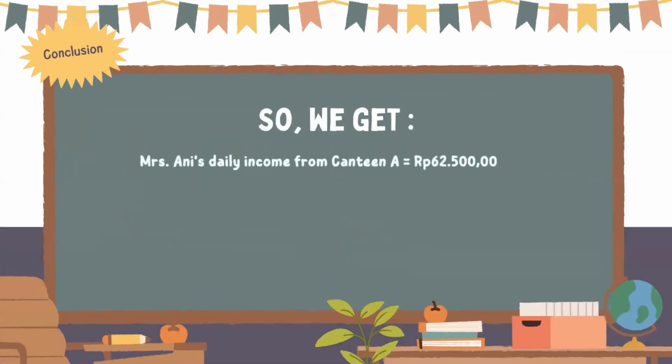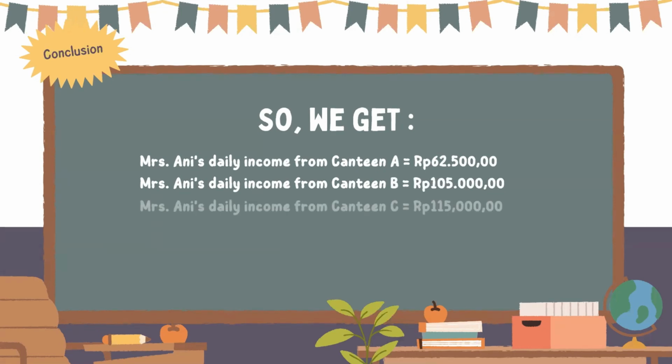So we get Mrs. Annie's daily income from canteen A equals 62,500 rupiah. Her daily income from canteen B equals 105,000 rupiah. And her daily income from canteen C equals 115,000 rupiah.